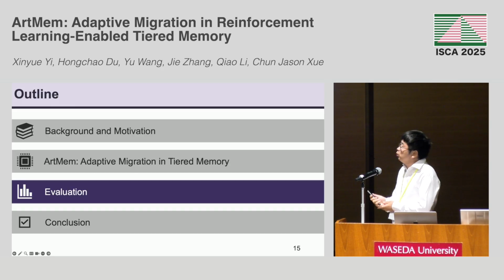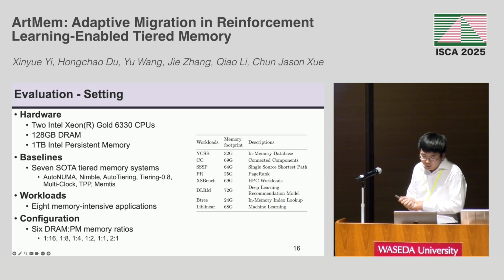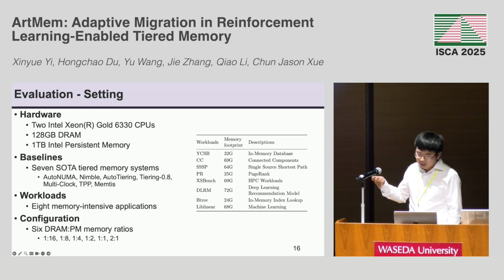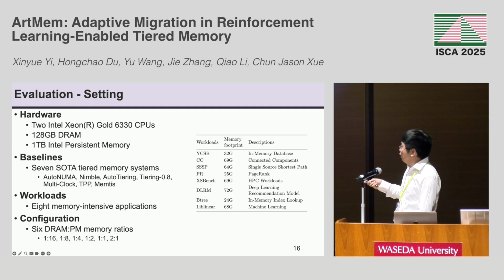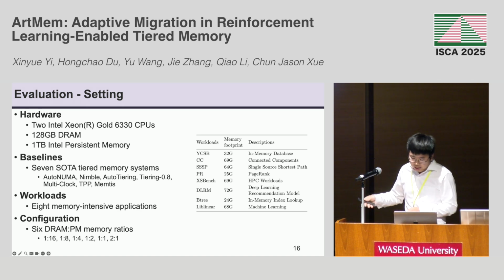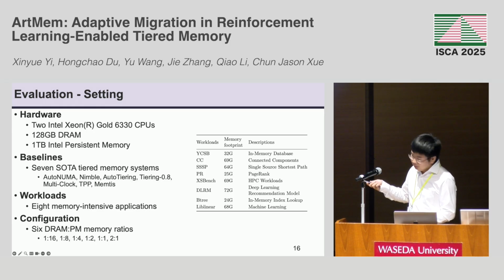And now let me show how well ArtMem performs in our evaluation. We use DRAM as the fast memory tier, and we use Intel persistent memory as the slow tier. We compare against 7 state-of-the-art tiered memory systems.